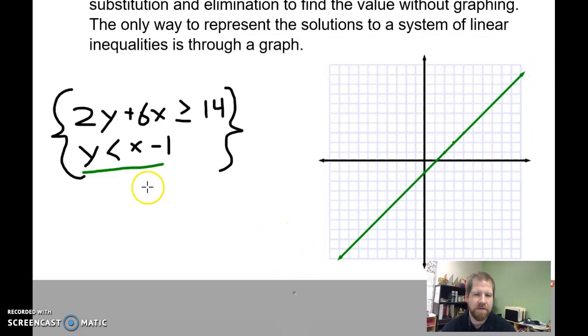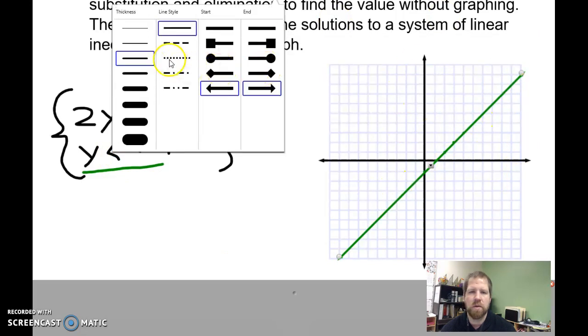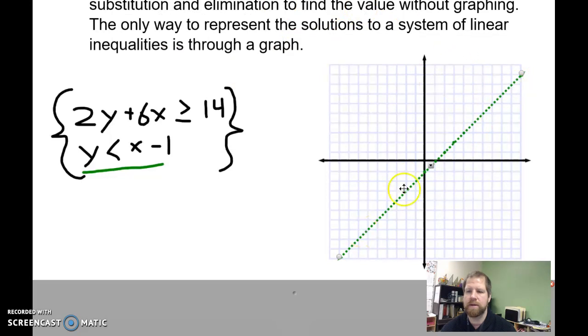Oh, but I forgot, I've got to check. If it's not "or equal to," if it's just less than, it's not going to be a normal solid line because not all of the values on there will work. It's going to be a dotted line. Okay, good. So now I've got my dotted line, and it's y is less than x minus 1.